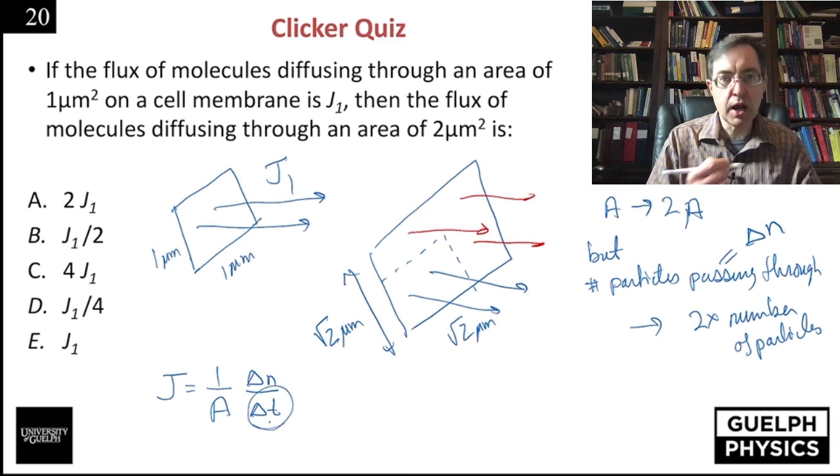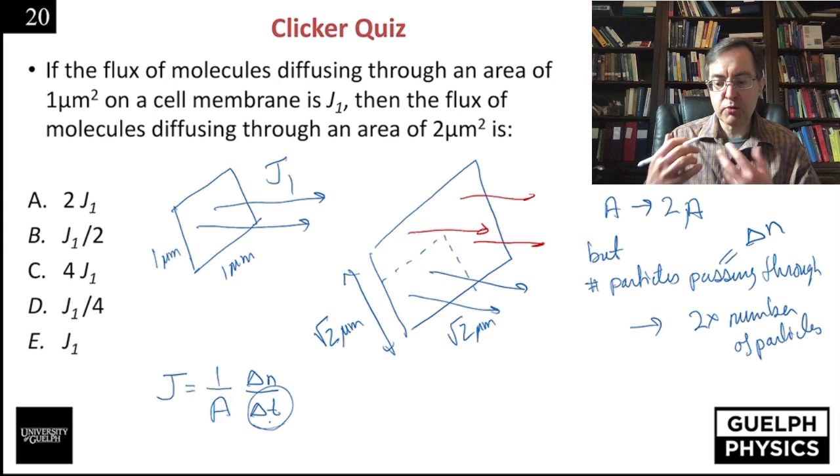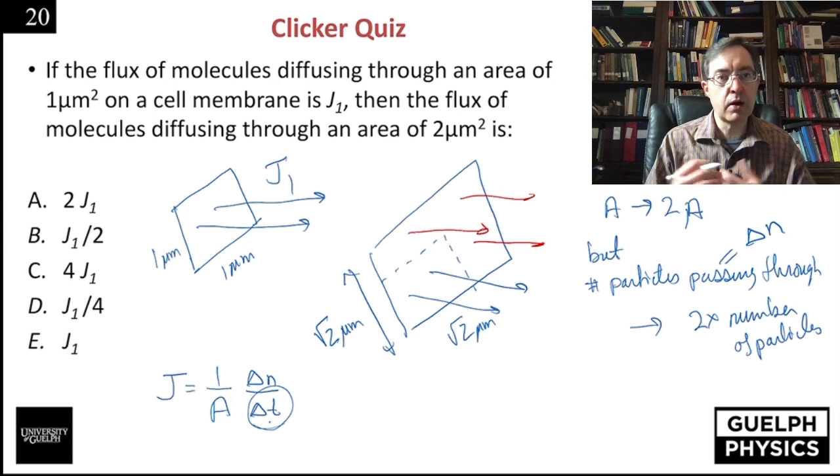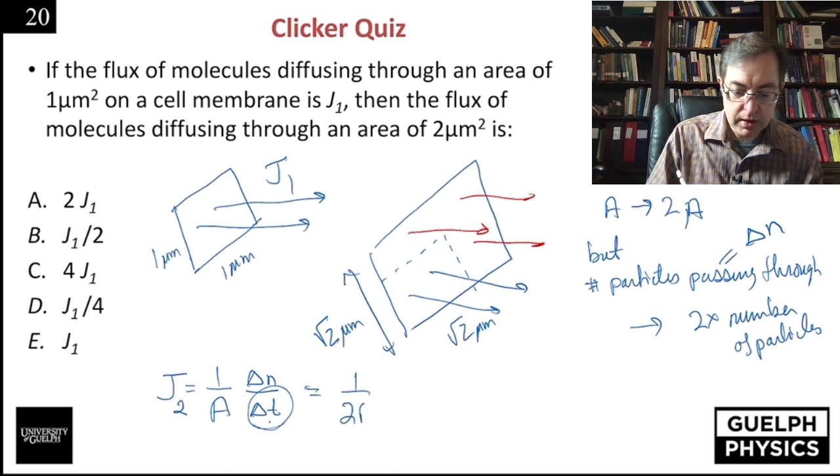Delta t doesn't change, but both the area and the number of particles passing through the area are increasing by a factor of 2. So let's call this J2, equal to 2 delta n over 2 area delta t.